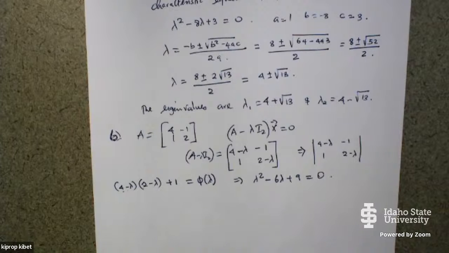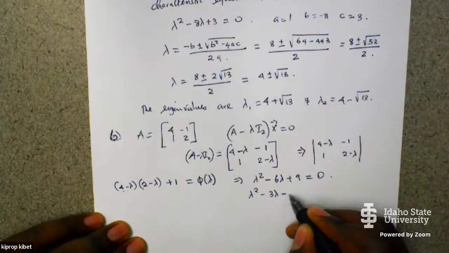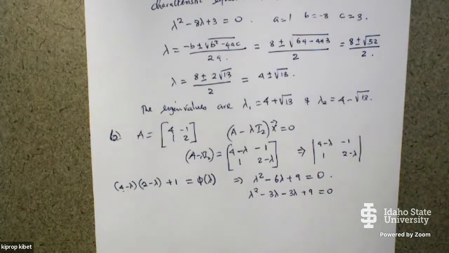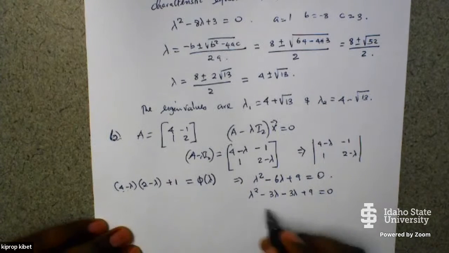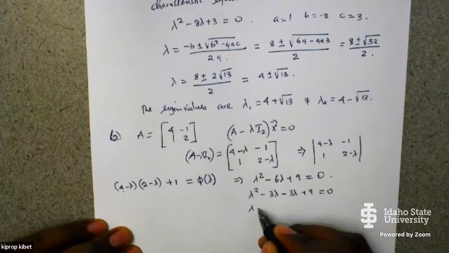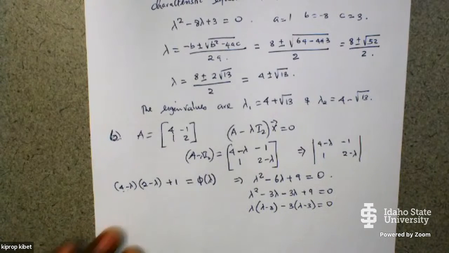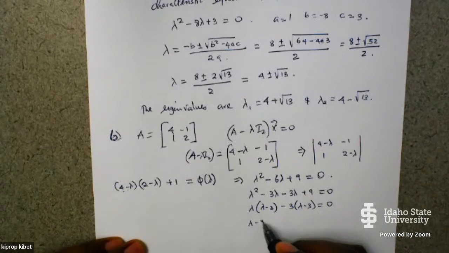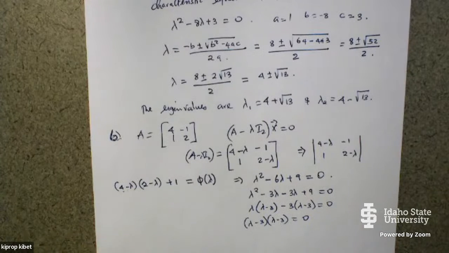So our lambda squared minus 3 lambda minus 3 lambda plus 9 equals 0. Factoring out the common values, lambda minus 3 times lambda, minus 3 times lambda minus 3, equals 0. So finally, lambda minus 3 times lambda minus 3 equals 0.